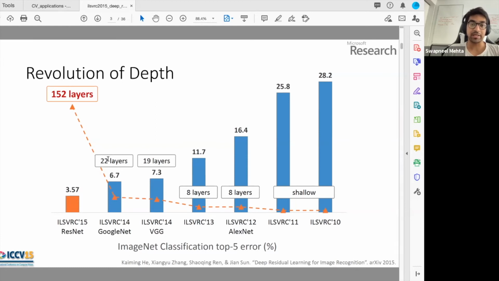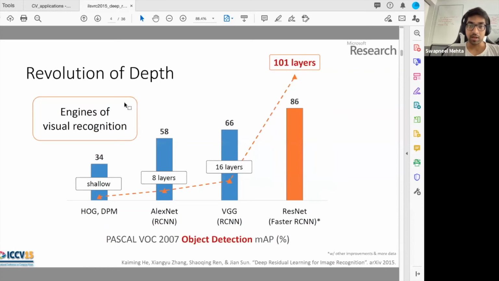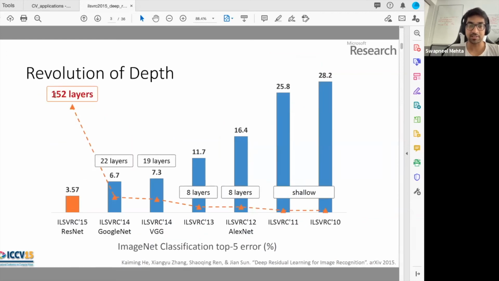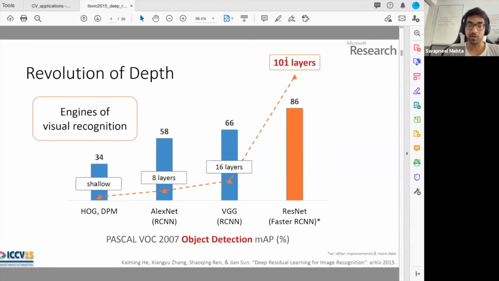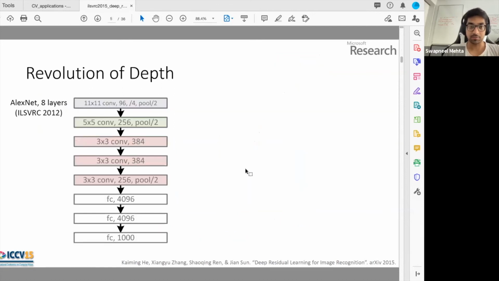From 22 layers, we jump to 152 layers, so they're really exploiting this idea of going deeper. Again, different challenge, same sort of idea: ResNet has 101 layers. These are different versions of ResNet, ResNet 152 and ResNet 101, working on different challenges. So clearly they tried out architectures and picked the one that went best, but it belongs to the same class of models.